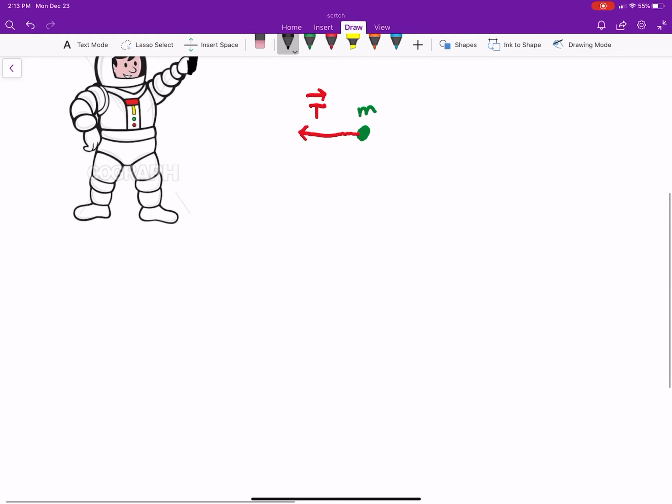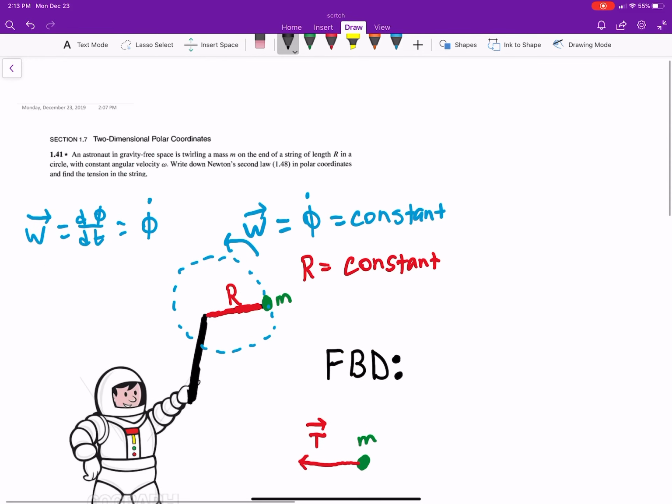Okay, well, the important thing to know is that tension acts parallel, that's this notation, the two lines means parallel, to our r.